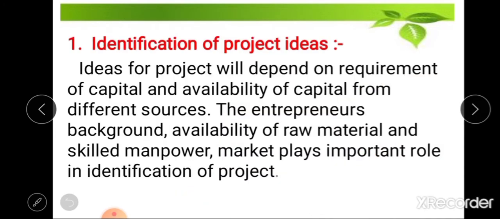In that, the first step is identification of project ideas.